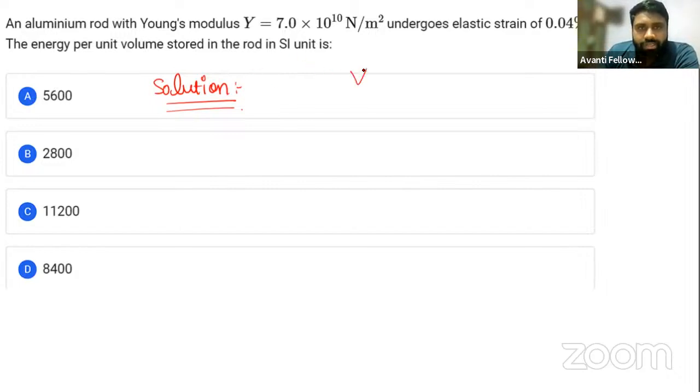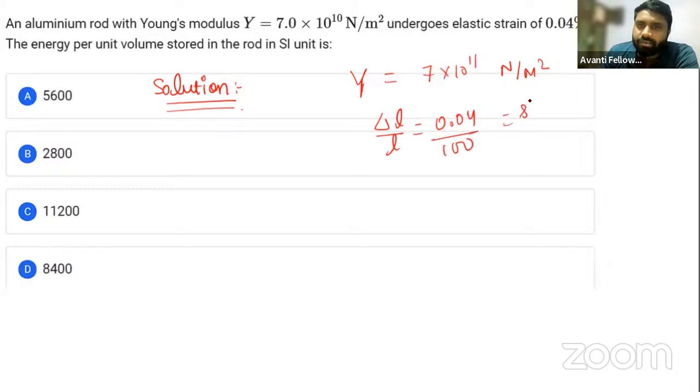Y is clearly written here, 7 into 10 raised to the power 10 Newton per meter square. Elastic strain of 0.04% is given. So convert it into a numerical value. You will divide this expression by 100. So elastic strain, which is delta L by L, is equal to 0.04 divided by 100.